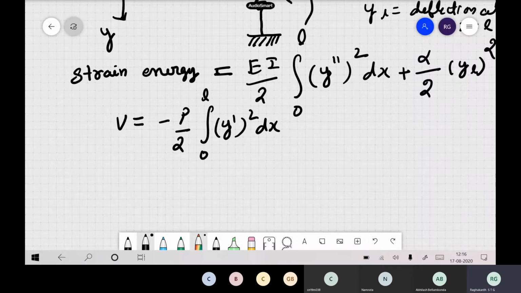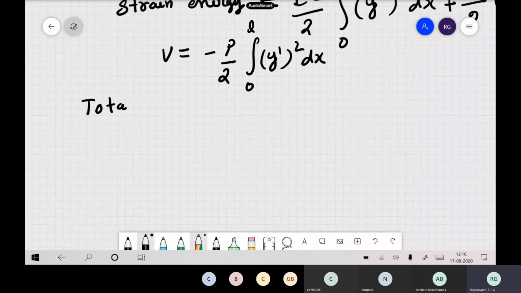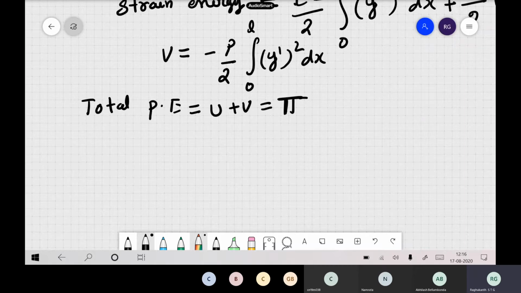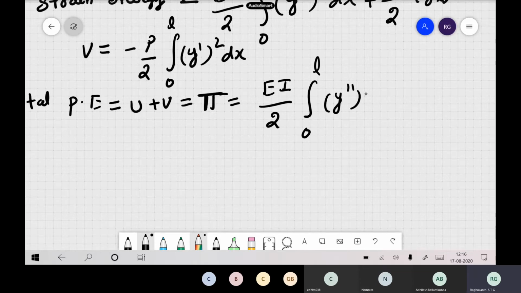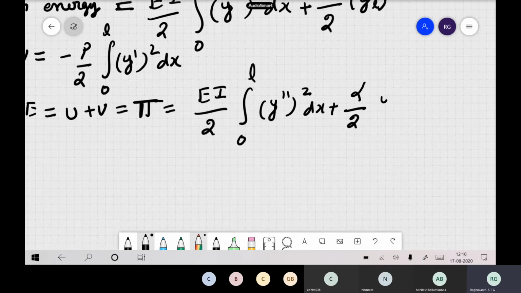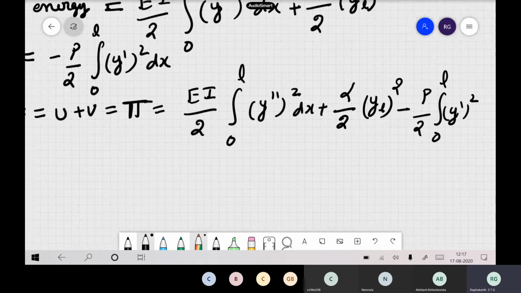So now the total potential energy is U plus V. If you denote this by some operator pi, this total energy becomes EI by 2, 0 to L, y double dash whole square dx, plus alpha by 2 y_L square, minus P by 2, 0 to L, y dash whole square dx.